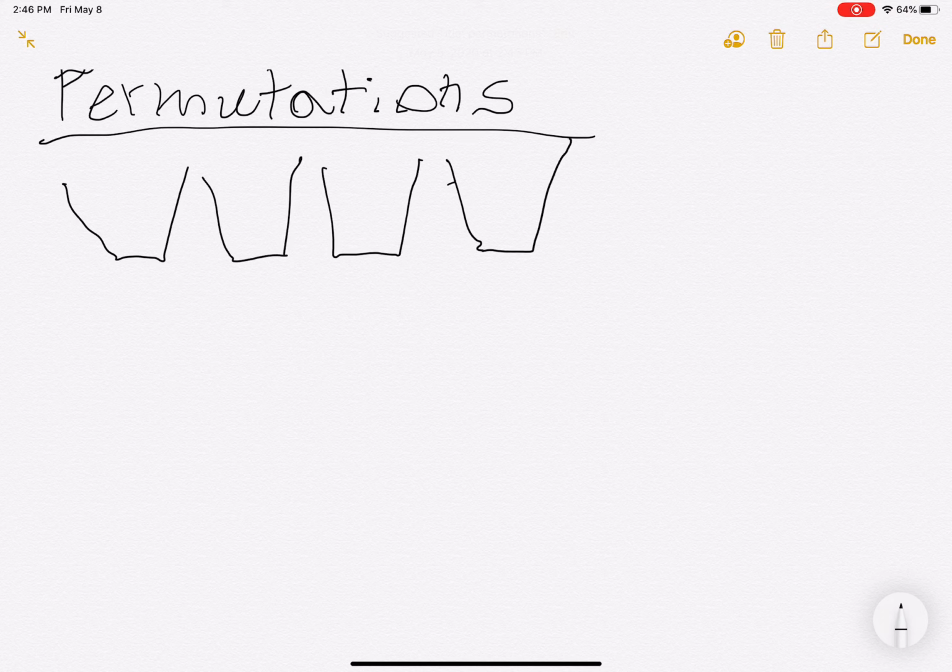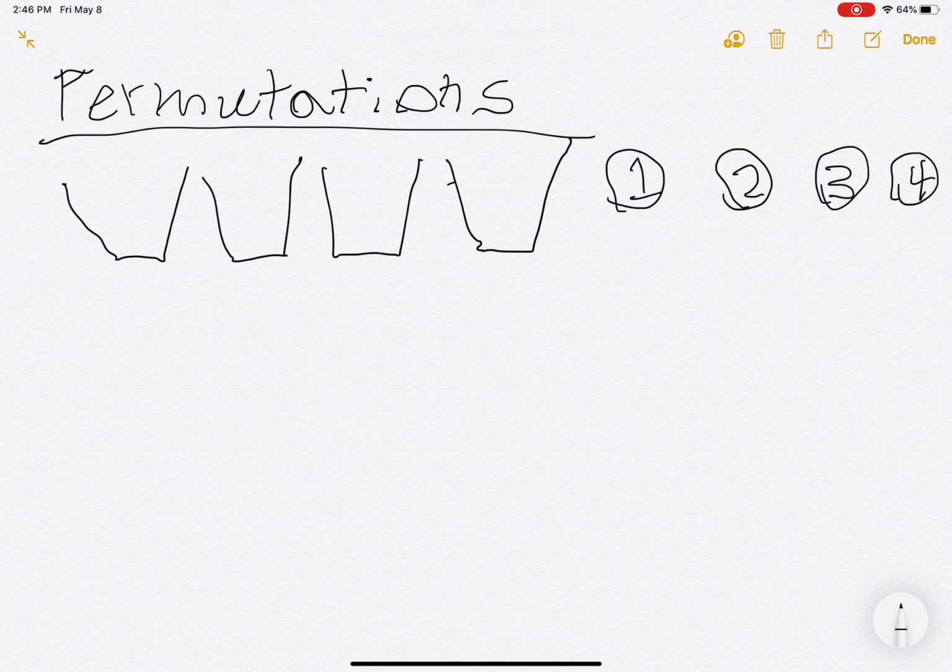Right? Let's say we have 4 balls. Let's number them ball 1, ball 2, ball 3, ball 4. Essentially, figuring out the number of possibilities that can go into these cups is quite trivial.